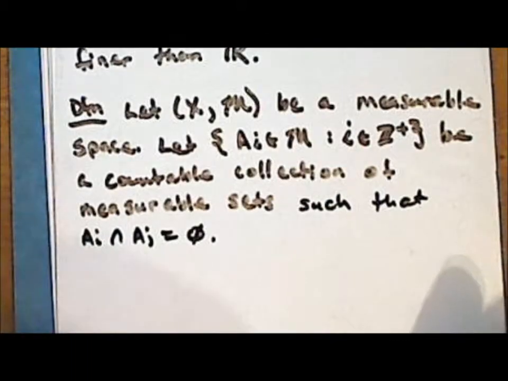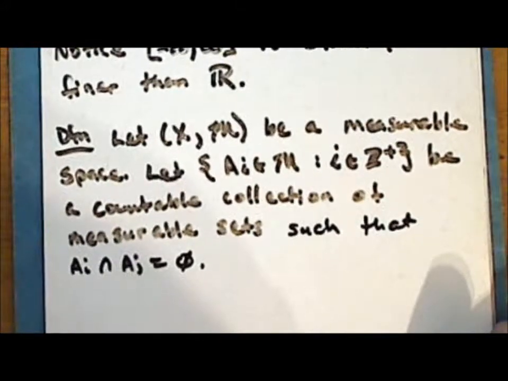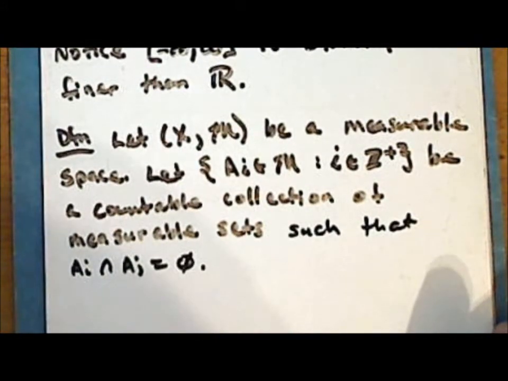That is, given a countable collection of mutually disjoint measurable sets.